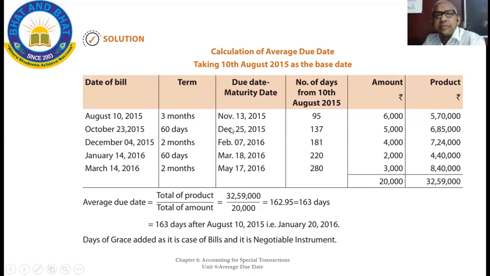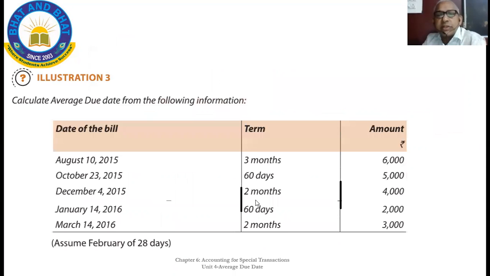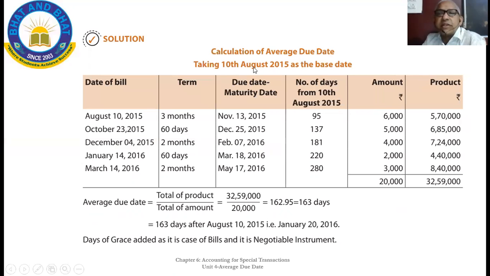The base date is 10th August 2015. See, I told you base days you can choose here. The earliest bill is taken as the base date. Hence base date is August 10th. From there, the calculation is number of days from August 10 to November 13, 95.